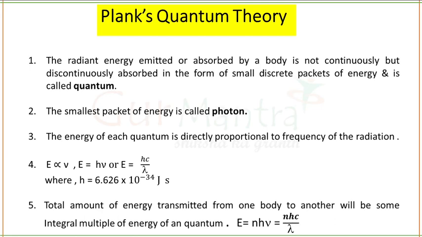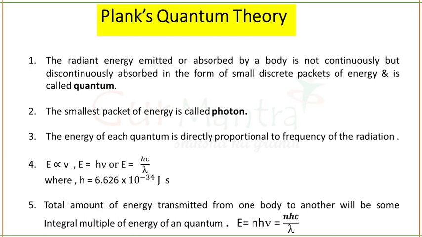So basically, the small discrete packets of energy are known as quantum, and the smallest packet of energy is known as a photon. As each quantum has some energy, there comes a relation between energy and frequency.